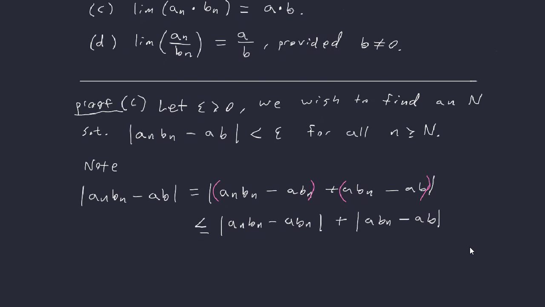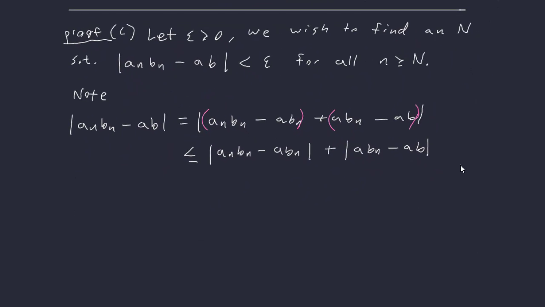Okay. Now we have some algebra we can do. Here we can factor out a bn, and we'll be left with an minus a, absolute value. And here we can just factor out the a and get bn minus b, absolute value.